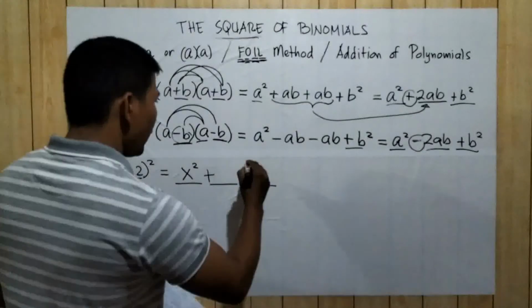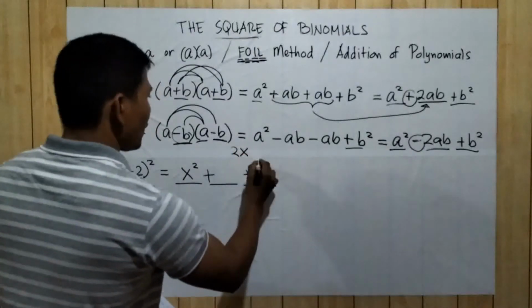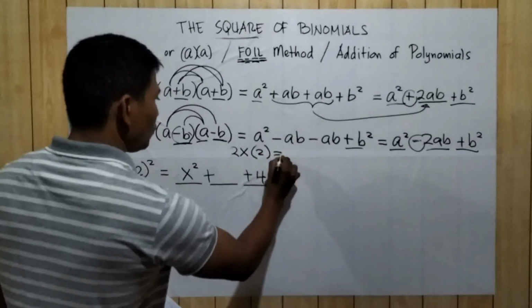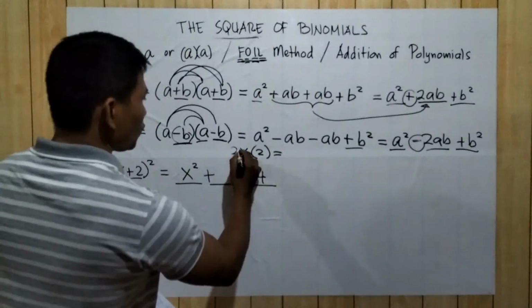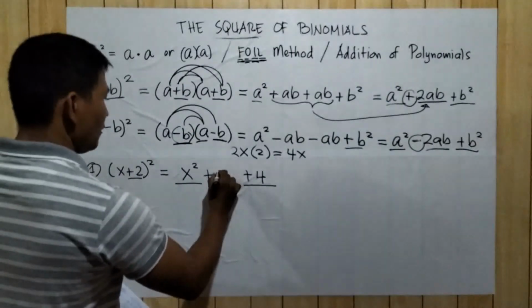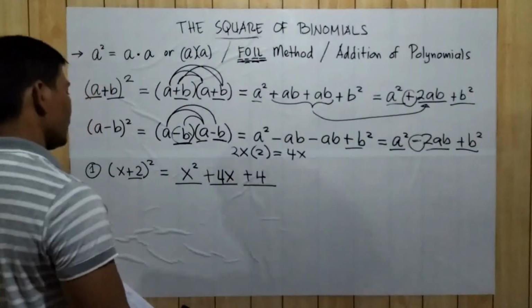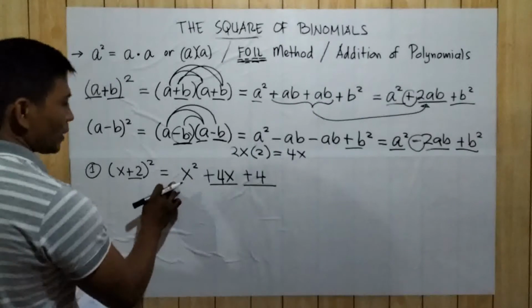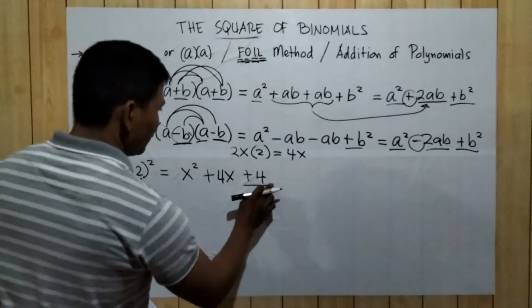So, we have 2x. Tapos, twice pa po siya. Times 2. That means, 2 times 2 is 4x. So, our middle term is plus 4x. Okay? So, yan po ang sagot sa ating first example.